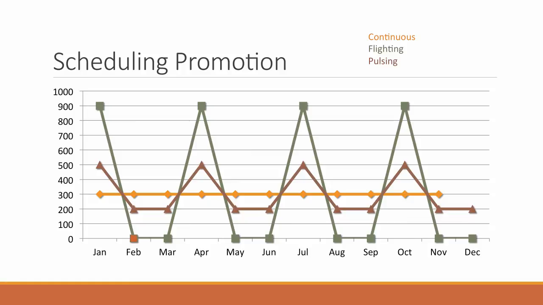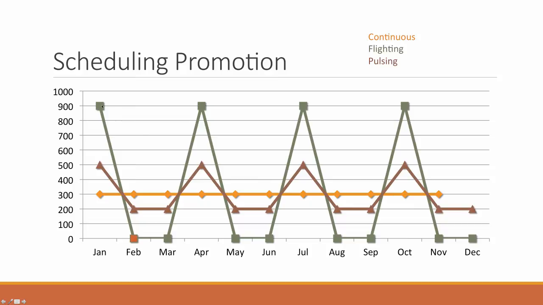After designing the ad, you have to think about where you're going to schedule your promotion, in what medium, and how you're going to schedule it. Are you going to have a continuous schedule where you spend the same amount on marketing communications every month or every time period?